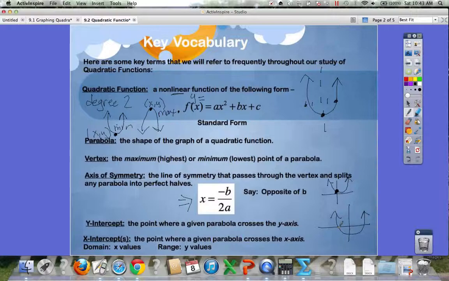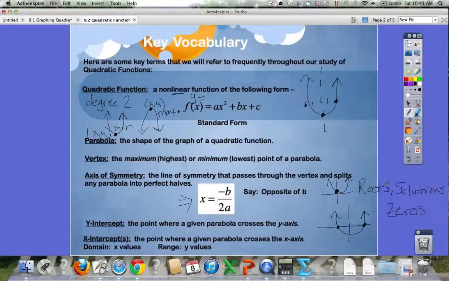The x-intercepts are where it crosses the x-axis. In this case I drew 2 because it crossed my x-axis twice. And we're going to find out that they have special names. Other than x-intercepts, they're also called roots, solutions, or zeros.